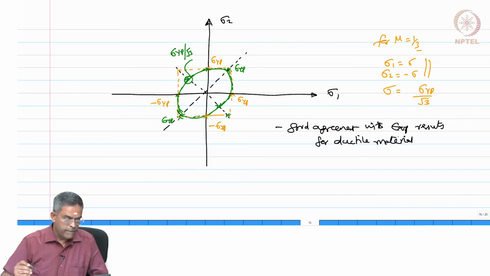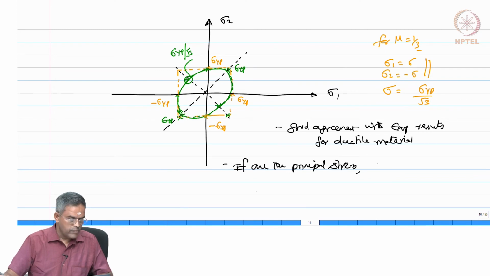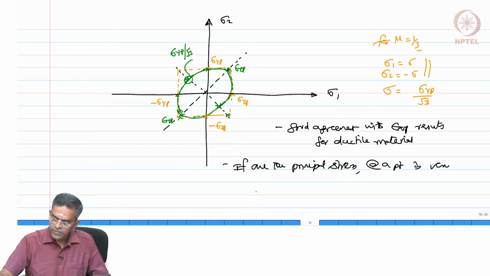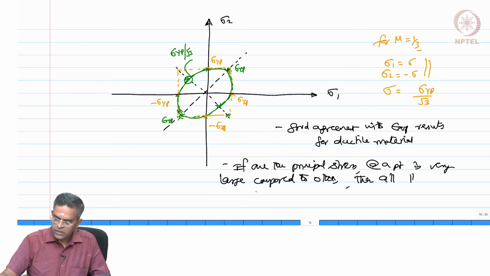Further, if one of the principal stresses at a point is very large compared to the others, then all theories lead to the same results. That is very interesting.